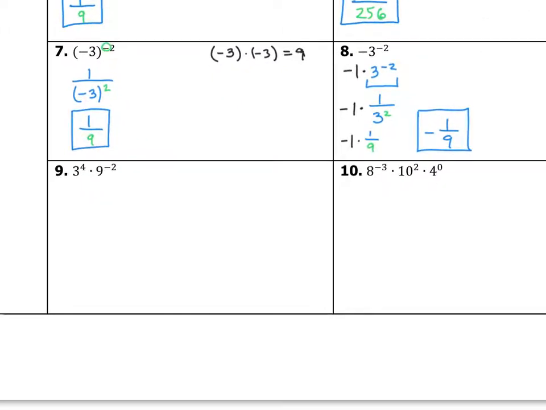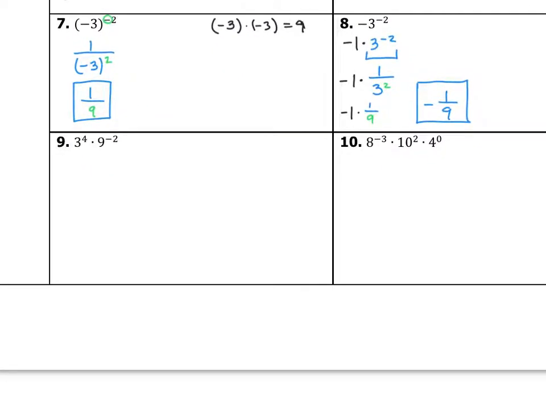In number 9, this time we have 2 powers that we're multiplying together, 3 to the fourth times 9 to the negative second. You're going to treat this as an order of operations problem. So you know you simplify exponents before anything else. So we have 2 exponents in this case. 3 to the fourth power is going to give us 81. And then 9 to the negative second power, we would rewrite that first of all as 1 over 9 squared.